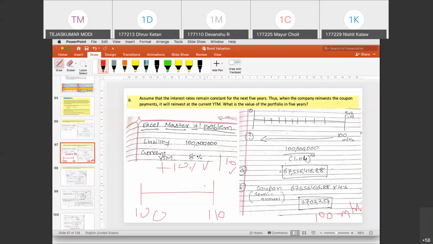So let me show you what is the interest you are receiving. 10 rupees, right? So this 110 is made up of two things: 10 rupees and 100 rupees, right? So what I'm saying is that if you discount the coupon separately and also the face value, the answer has to be the same. Try this, trust me, mathematically. When you do it mathematically, you will understand the logic.